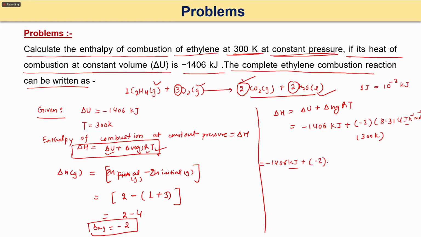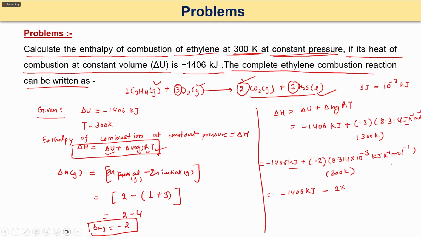Minus 2 into 8.314 into 10 to the power minus 3. Now it will become kilojoule per Kelvin per mole. Okay. And it is multiplied with 300 Kelvin. Now we can add it to minus 1406 kilojoule, and this plus and minus will become minus 2 into... now the whole thing is in kilojoule.